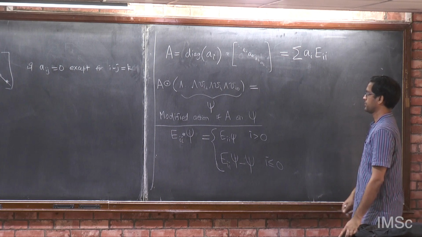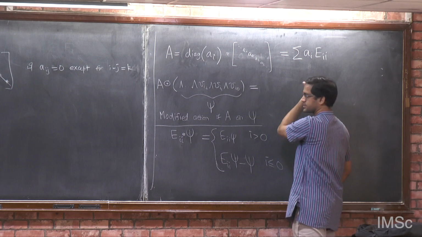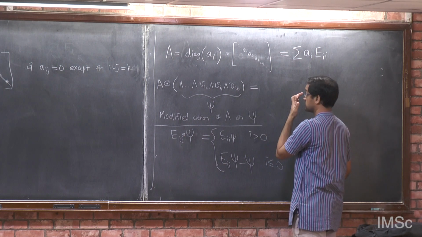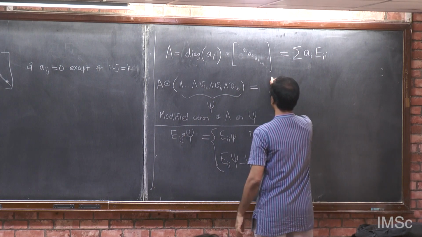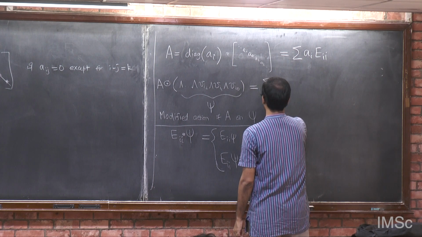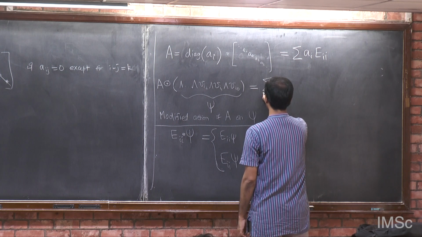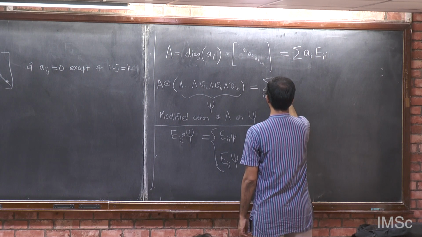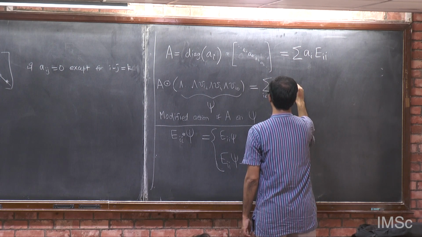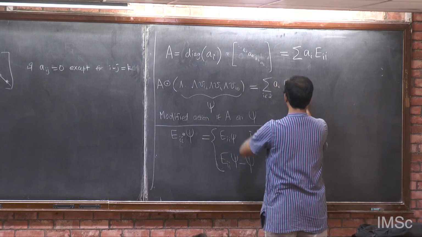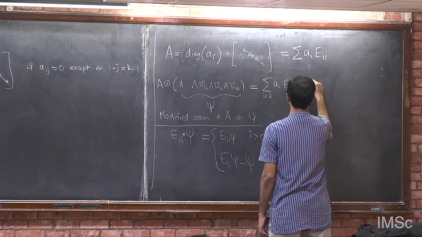Let me split this. Let me say this is over all i in Z. It's a_i E_ii. This is the definition of A acting on psi.